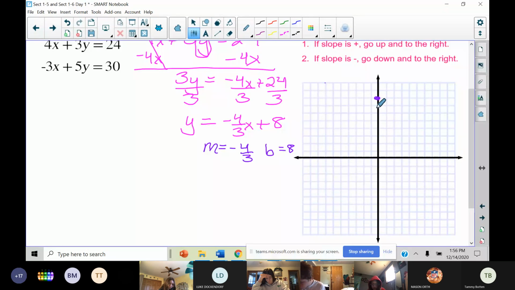And then if my slope is negative 4/3, I go down 4, 3 to the right, down 4, 3 to the right, and so on. So here we have solid lines. These are not inequalities in this second section. These are just going to be solid lines. They have an equal sign, okay?